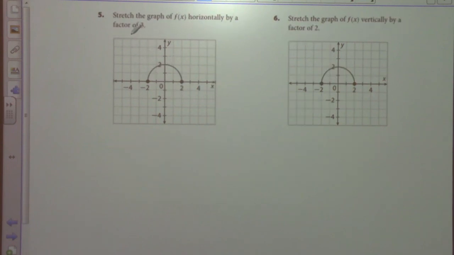Stretch the graph of f of x horizontally by a factor of 3. What is that going to look like? Well, by a factor of 3, we have to multiply this -2 by 3. So the thing is going to look something like this, right? I didn't draw it exactly perfectly, but you get the idea, right? We're maintaining our y-intercept, but just horizontally stretching.